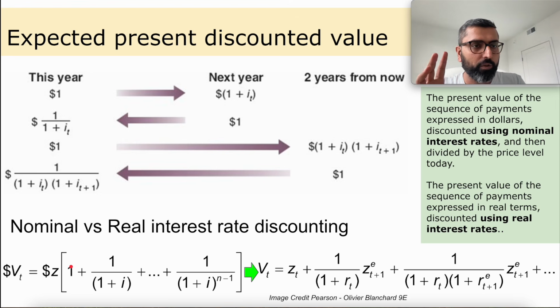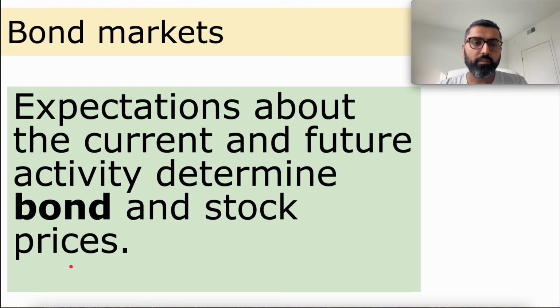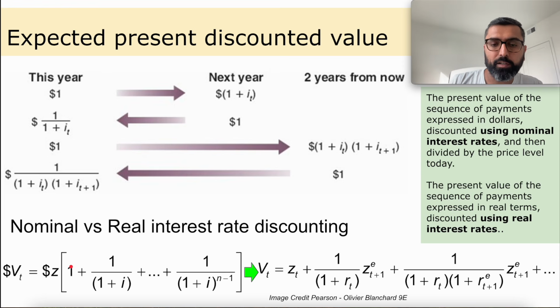If we can do this, folks, if we understand the present discounted value, then we are able to understand expectations. Because a lot of this, if you start to see, there's this exponent e, which basically says there's some expectation around what this value would be into the future.